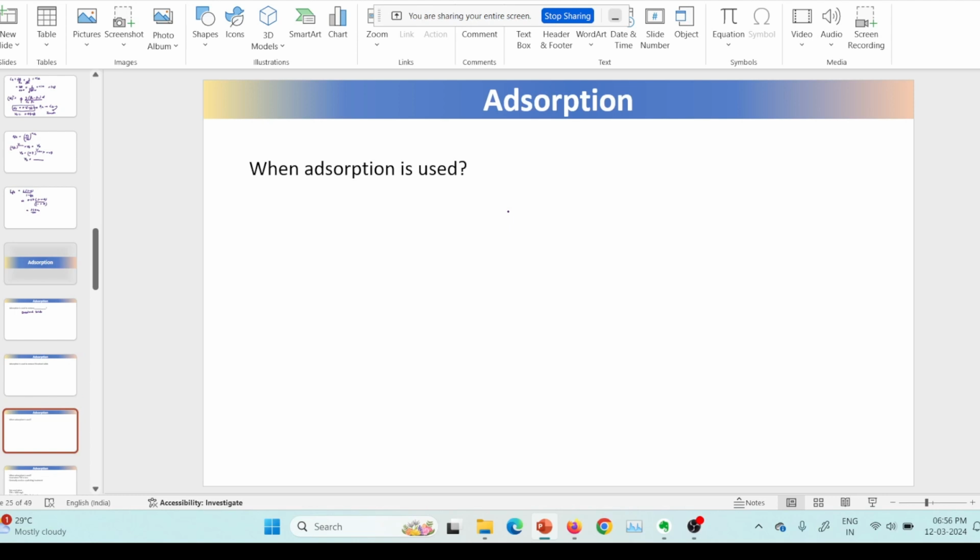So when to use adsorption? Adsorption is used when the dissolved solid concentration is not very high, and it is used as a polishing treatment.